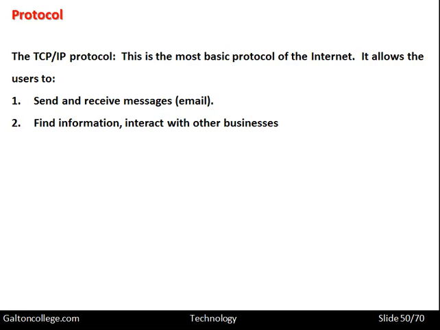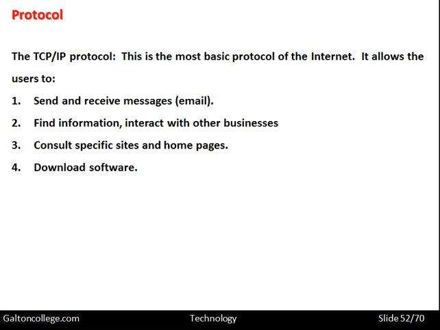It's all TCP/IP. We can consult specific sites and home pages. We can find the information, click on it, and the hyperlink will take us to that particular home page. And we can also download software, again using the TCP/IP protocol. So that particular set of rules is very important in the use of the internet, and it's been around for a long time.